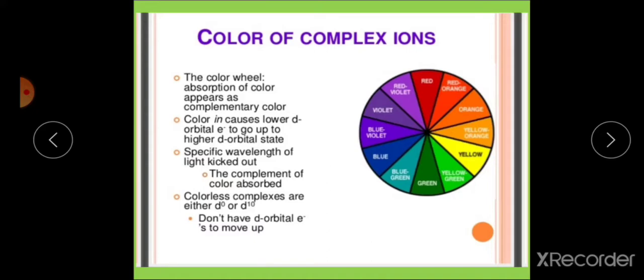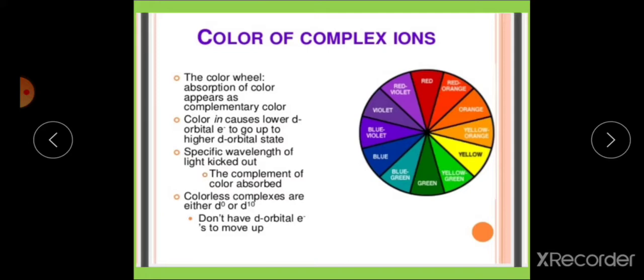Then cobalt chloride. One example is cobalt chloride dissolved in water. It forms a pink solution, cobalt 2 plus ions dissolved in water. Then hexaaqua cobalt 2 plus has a pink colored solution and octahedral geometry.